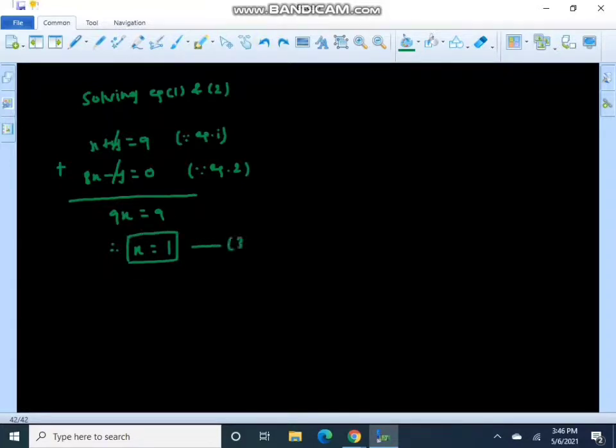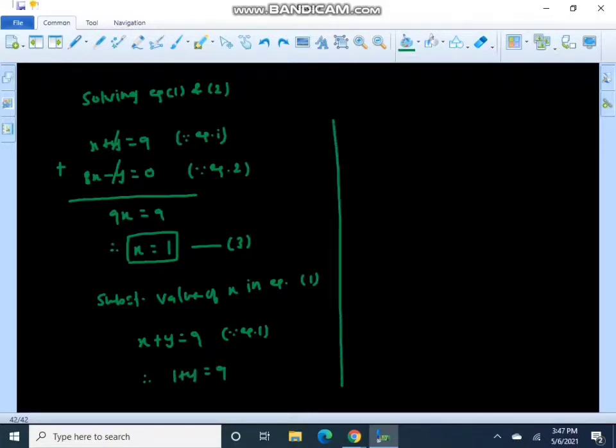Now substituting value of x in equation 1. What is equation 1? That is x plus y is equal to 9. 1 plus y is equal to 9.